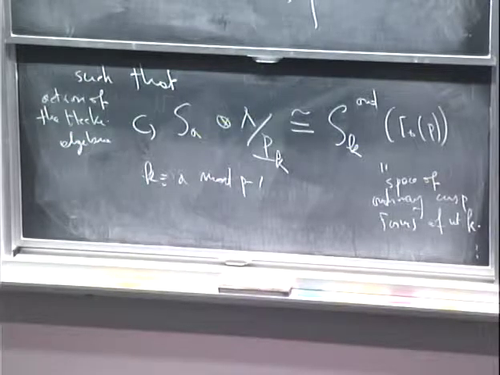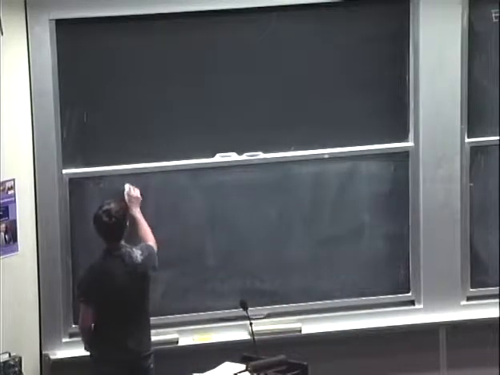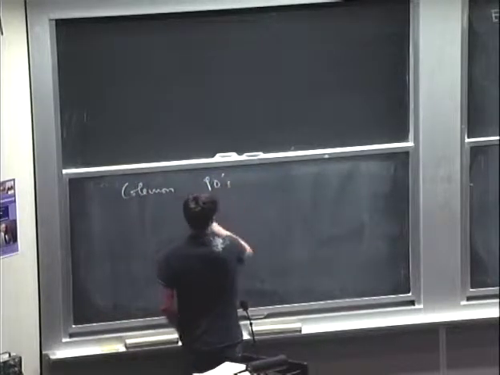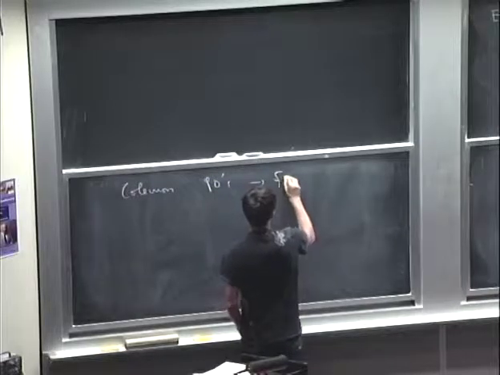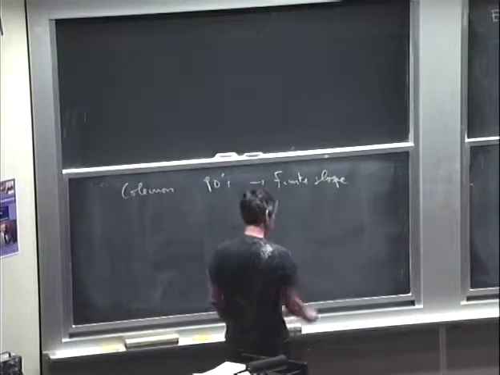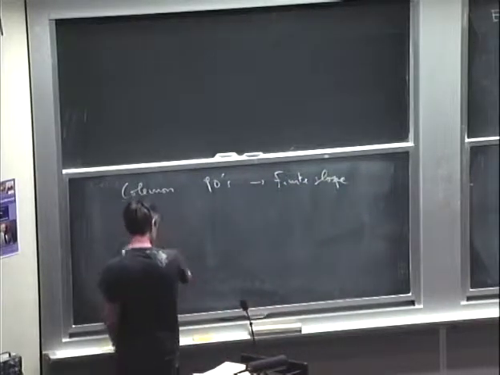And so in the 90s, Coleman generalized this to finite slope modular forms. So the general finite slope case. So what is the slope?